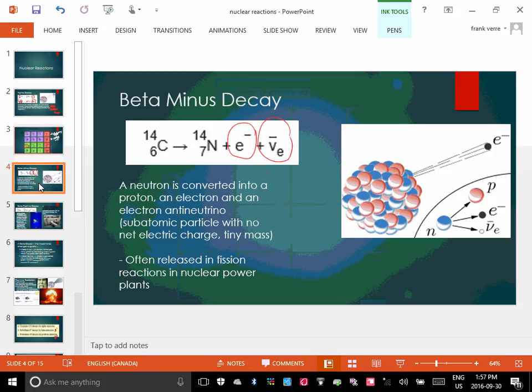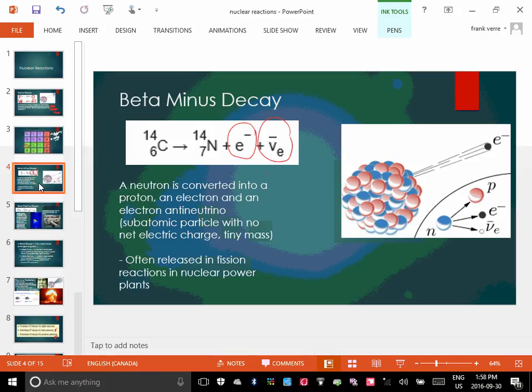antimatter counterpart. So remember yesterday we talked about matter and antimatter. When the universe was first created, you had matter, but then you had antimatter. Like there's the electron, and then the antimatter equivalent is something called the positron, right? Which is the same as the electron, but it's positively charged.